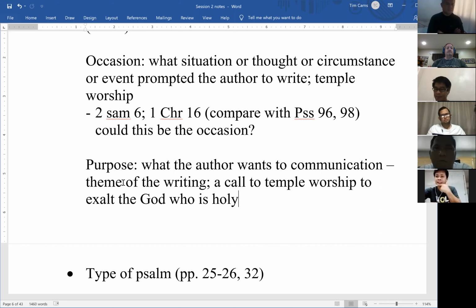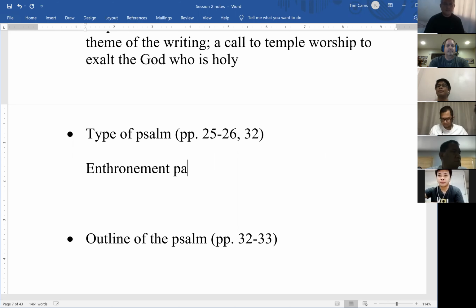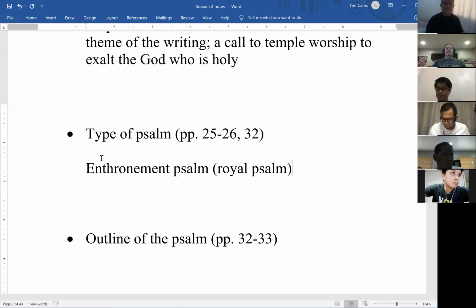So in this case, this is an enthronement psalm, so we can just go there. This psalm is an enthronement psalm. The royal psalm? We could call it a royal psalm. Enthronement is used just because there's an emphasis on being exalted. A royal psalm has the idea of focusing on kingship, but an enthronement psalm focuses on the sovereign rule of the king, and King Yahweh specifically.